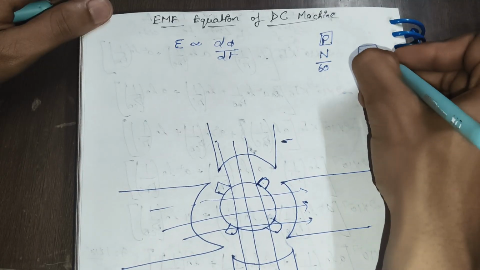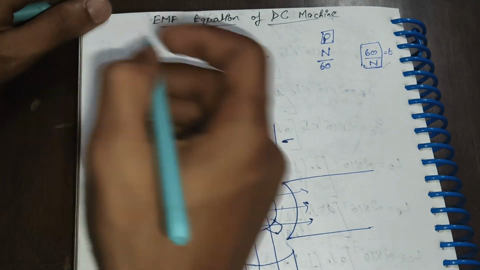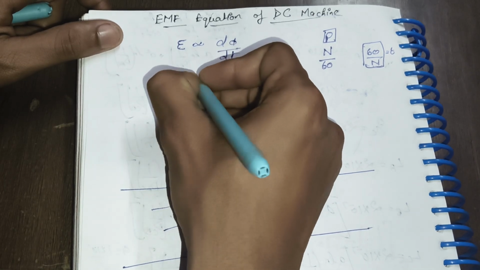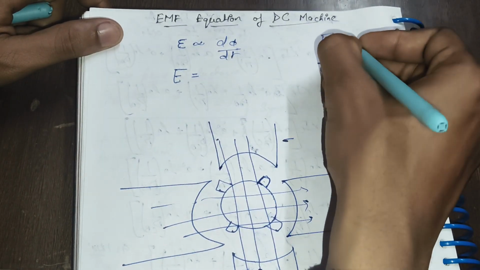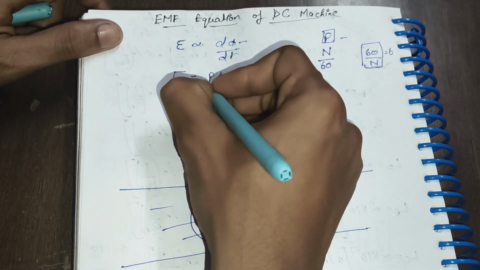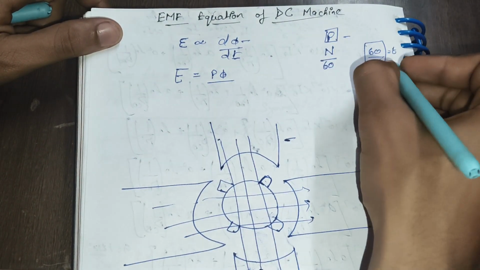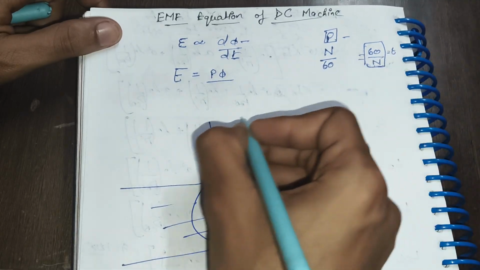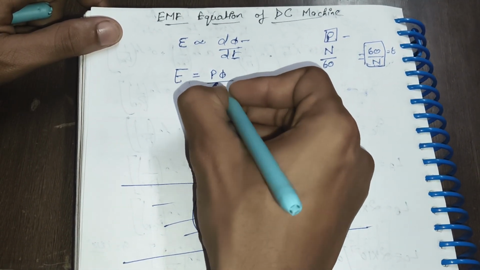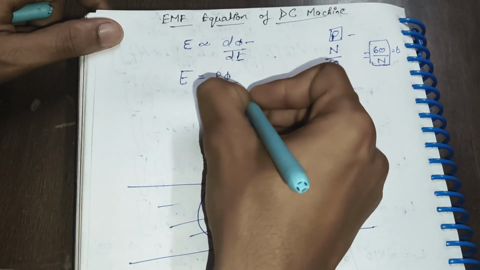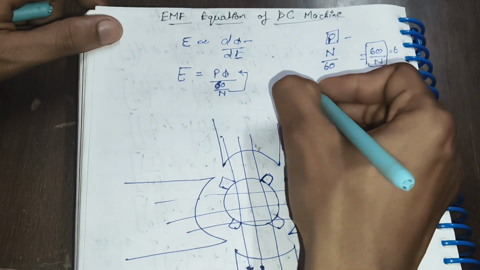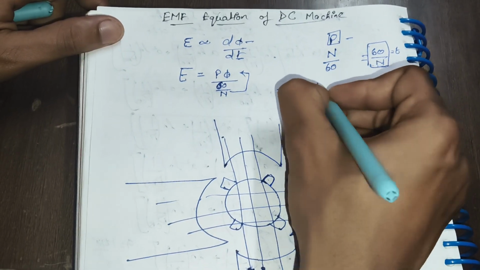This is time. So we combine these all. EMF is equal to P poles times flux upon T, which we have found equals 60 upon n. This n shifts to here, and it becomes P phi n upon 60.